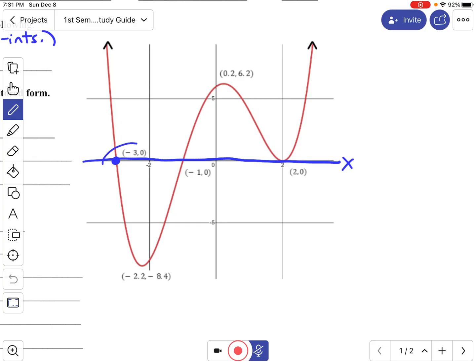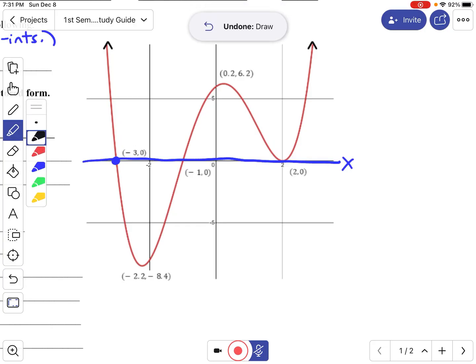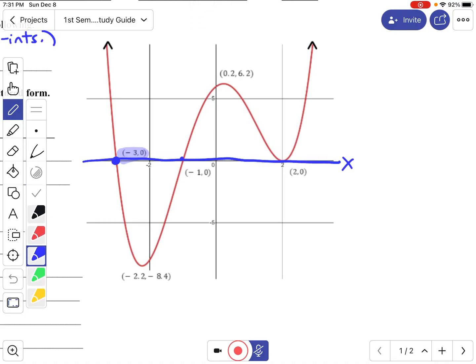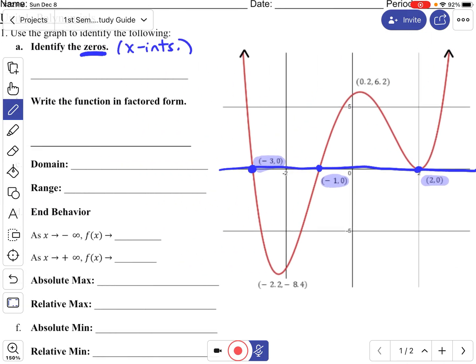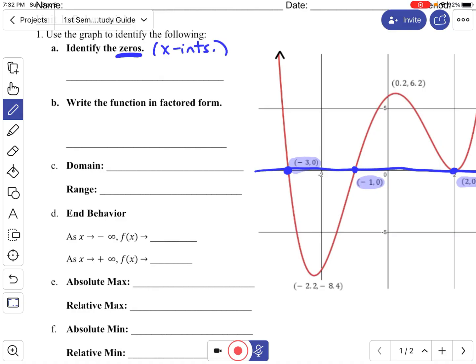This one looks like it's at -3. This one looks like it's at -1. And then this one is at 2. And so we're just going to pretty much write in those 3 x-intercepts.